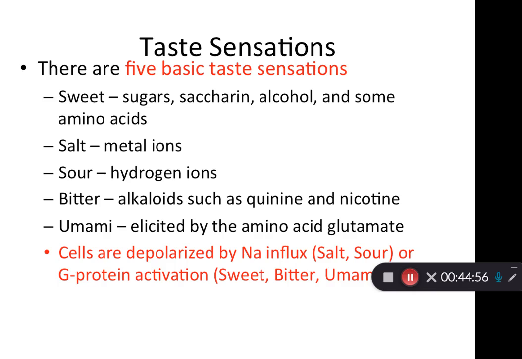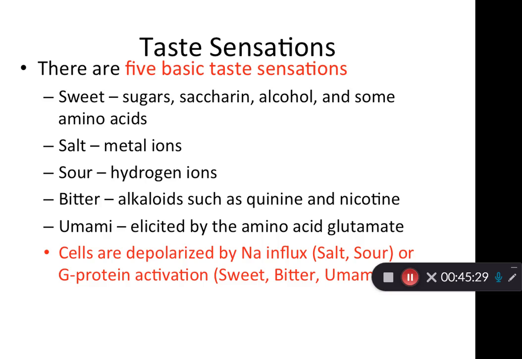Those drinks without sugar can still taste sweet because they contain certain amino acids, which can also be tasted as sweet. However, those amino acids don't have the calories. So that's why those are the diet drinks, like Diet Coke.